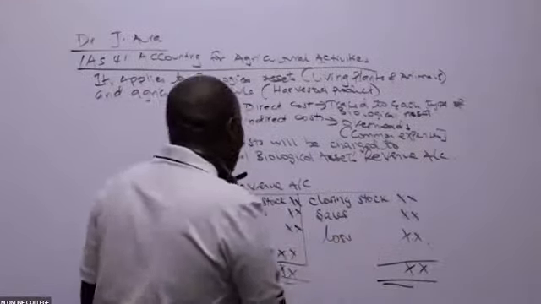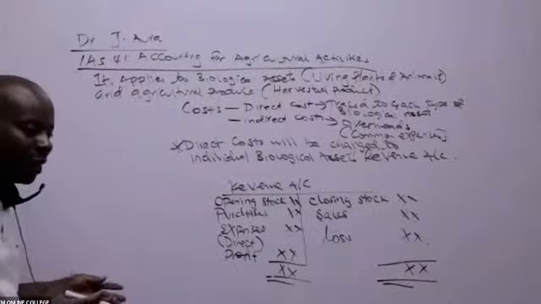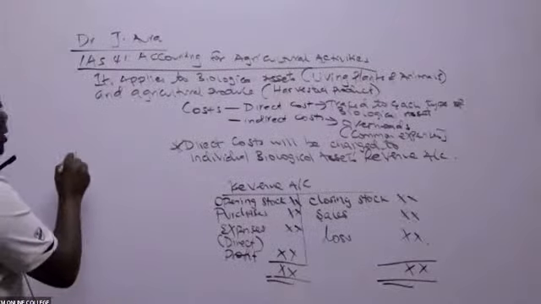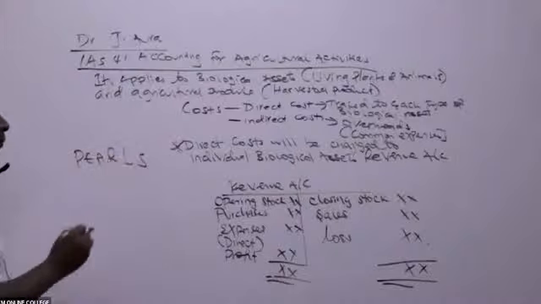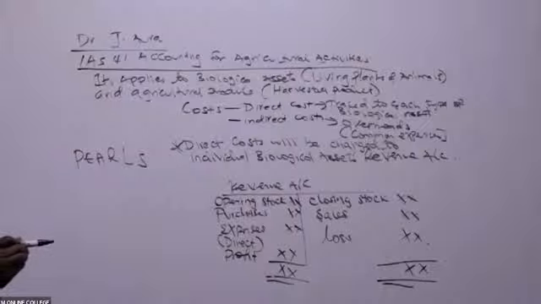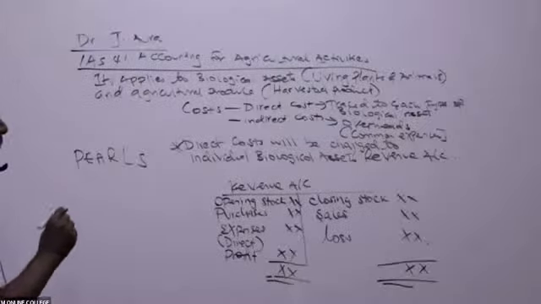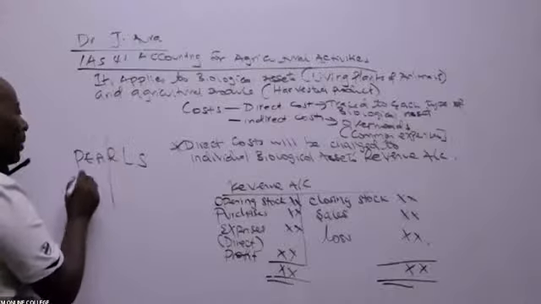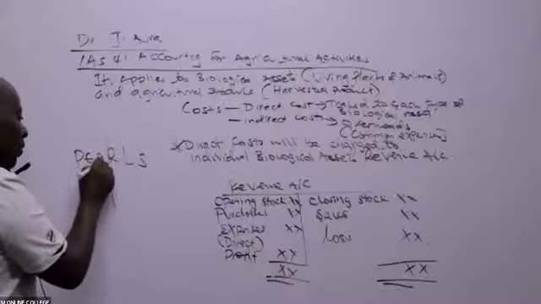And then we have, gentlemen, when you are coming to this level, intermediate level is a serious level. You're supposed to be remembering, for example, the acronym called PEARLS. From your ATD or from your Financial Accounting One, we have the acronym for double entry called PEARLS. So if you remember PEARLS, P stands for purchases, expenses, assets.